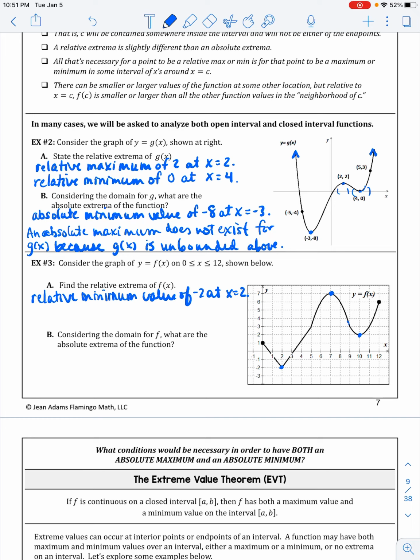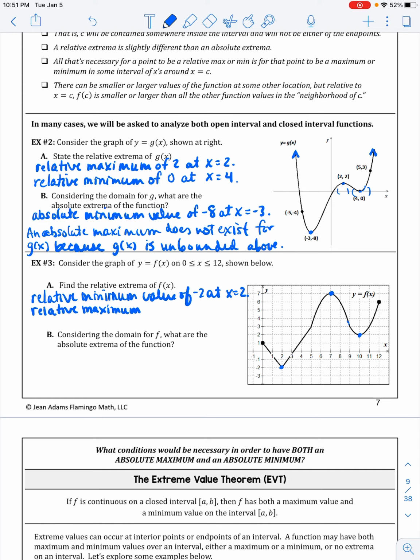But now here at 7, we have a relative maximum. Remember, I said that this could be a relative maximum. Since this one is also the highest, it's going to also be absolute. But we can say it's relative.